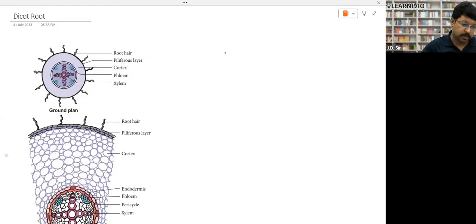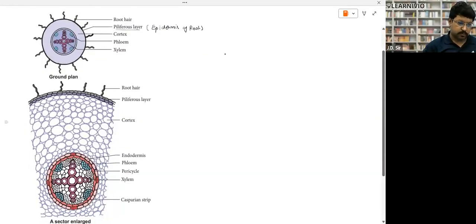Then the piliferous layer: the epidermis of the root is called the piliferous layer. We do not use the term epidermis for root. Then the cortex is present, then phloem and xylem are present.